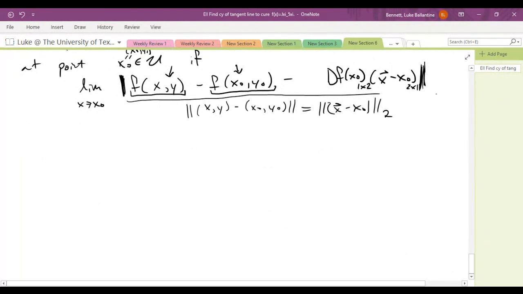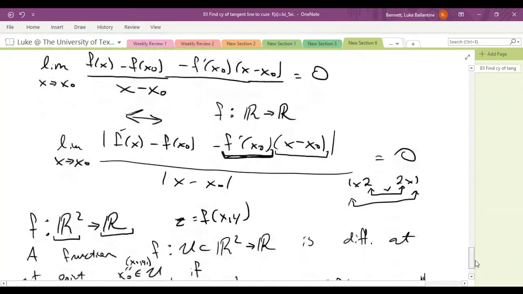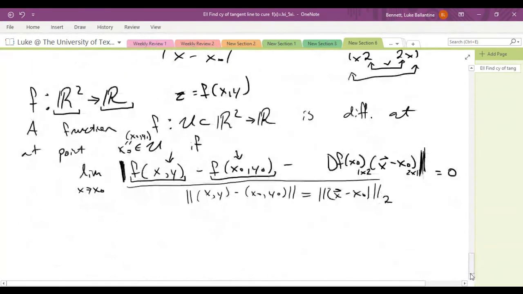So if this limit equals 0, then f is differentiable at a point x naught equals x naught y naught in u. And we know what D is, don't we?